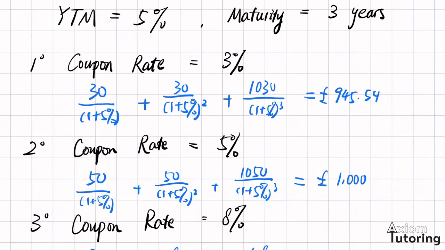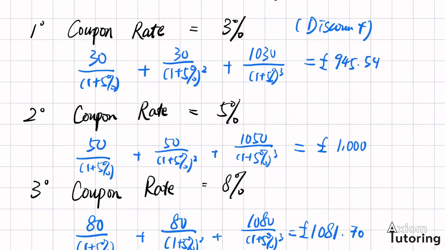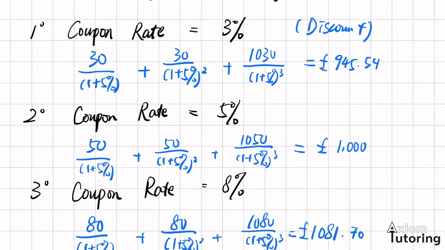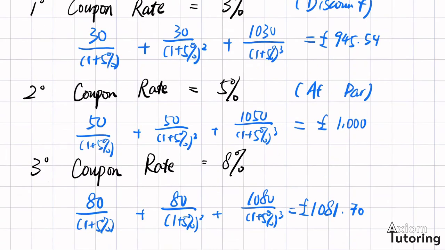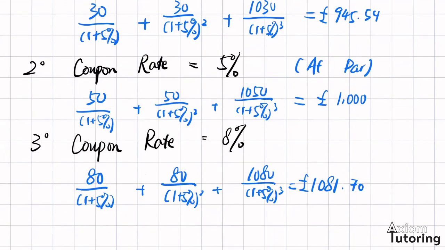If the price of the bond is exactly the same as my face value, then we call it priced at par. The par value here is sometimes the same as the face value. If the price is higher than the par value or the face value, we call it priced at a premium.